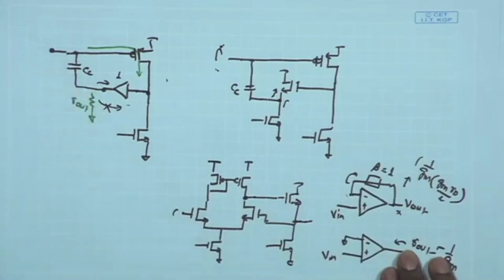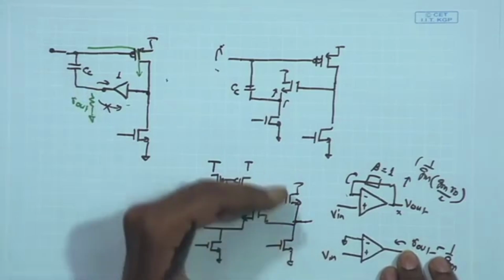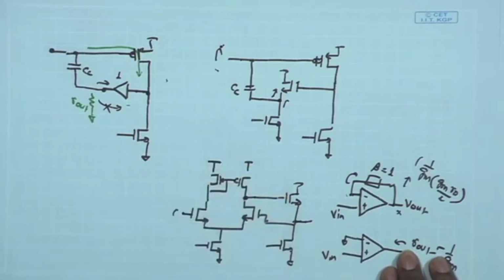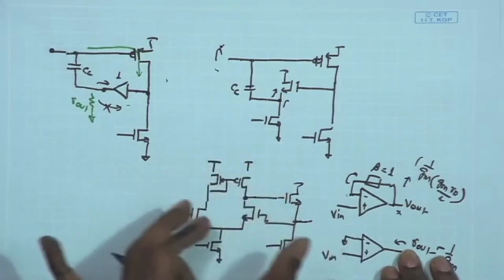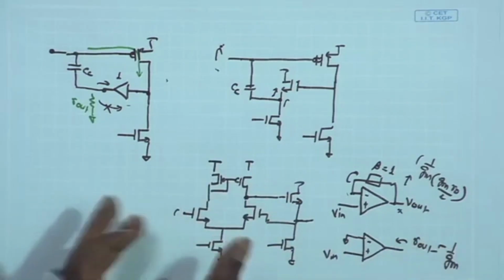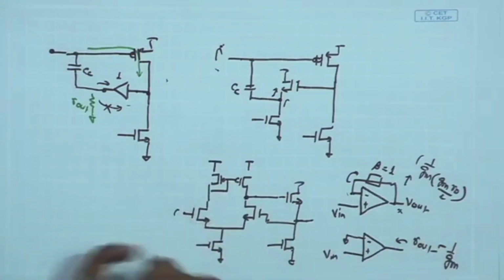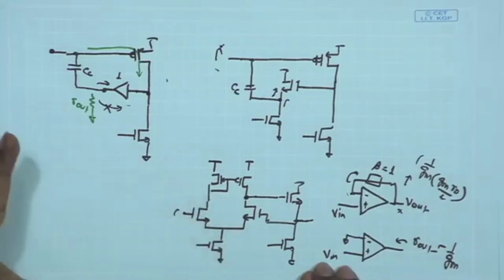So, by this method we will be able to relax the gain requirement of this stage, and therefore, we can trade off with the bandwidth with the similar amount of bias current, or maybe a fraction of the bias current used for the main amplifier.